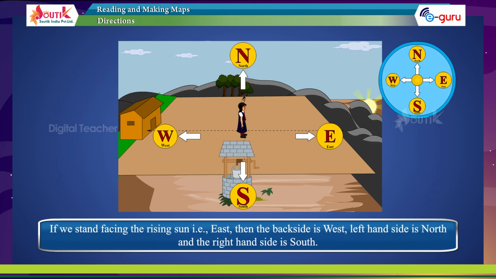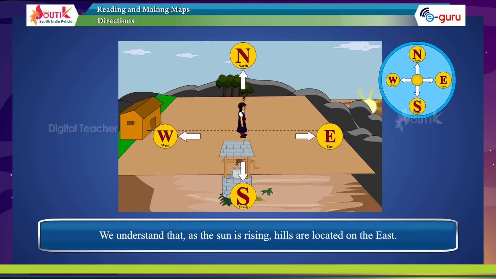If we stand facing the rising sun, that is east, then the back side is west. Left hand side is north and the right hand side is south. We understand that as the sun is rising, hills are located on the east.